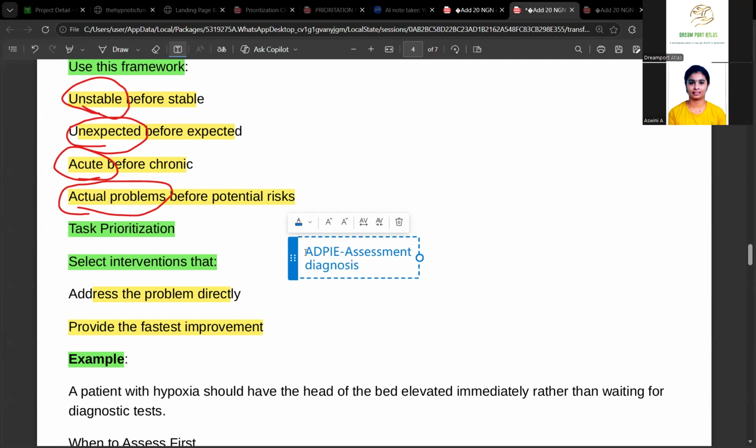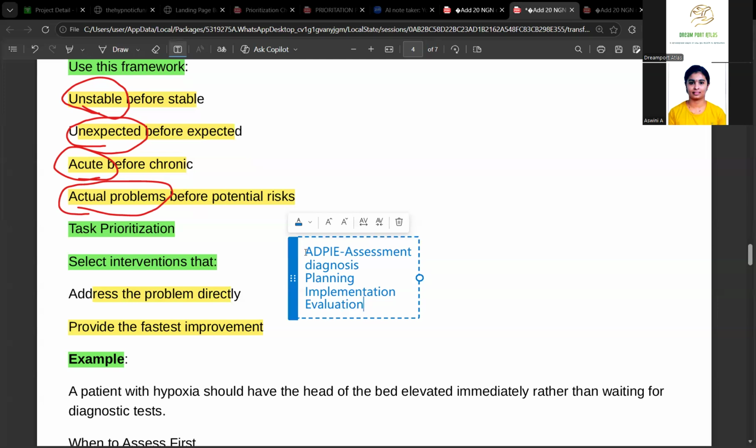You just try to remember it. P means planning, then I means implementation, and the last one, E, means evaluation. So that is the management strategy we need to apply.